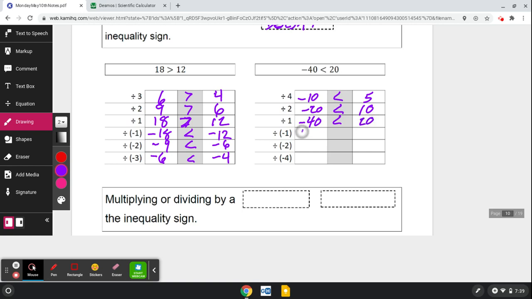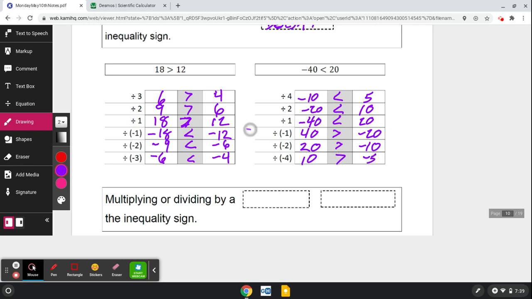Now, if I switch it and I have positive 40 and negative 20, well, it switches my sign. I'm now greater than. If I divide by negative 2, I get a positive 20 and a negative 10. That's greater than 10 and negative 5.